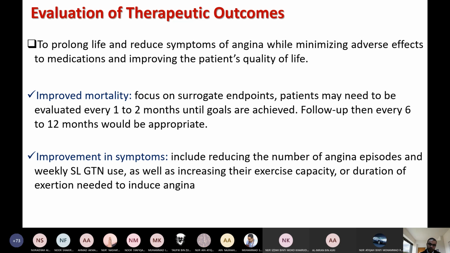It depends on individual cases. And we have another outcome related to symptom control and the quality of life of the patient.